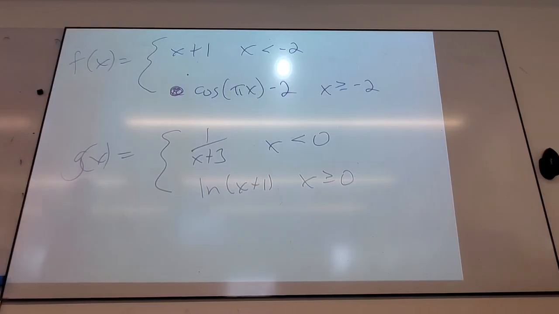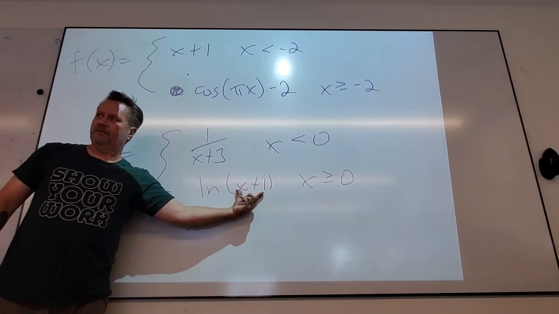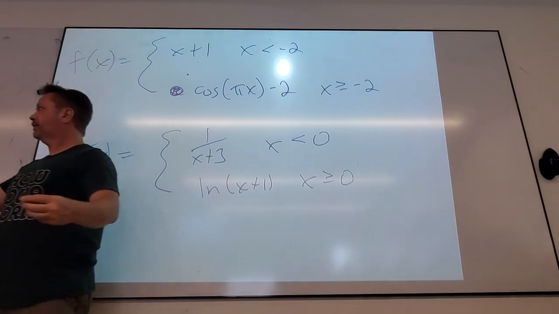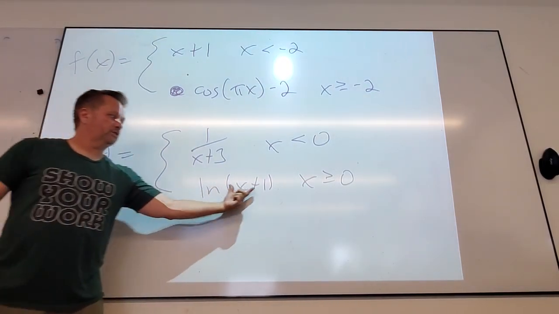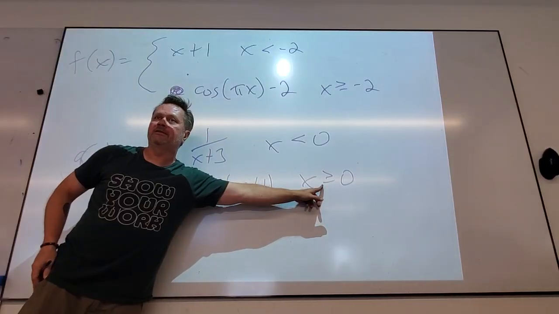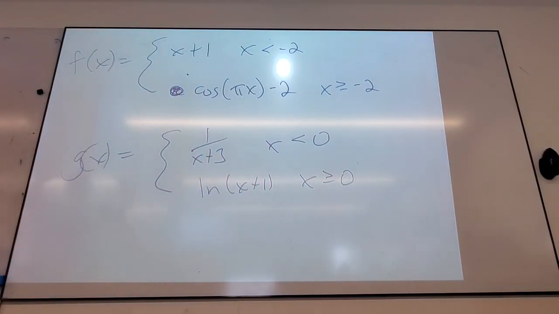What about at 0? Oh, I'm sorry, what about natural log? Where would it have an issue? What can the inside of a natural log not be? Negative or 0. So it would have an issue starting at -1 and going down, but my inputs have to start at 0 and go up, so it's fine. That function doesn't have an issue itself because I'm not even allowing it to have inputs that are a problem.